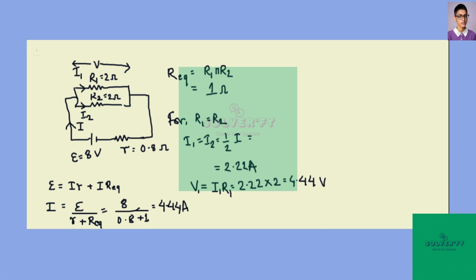All right, so we found out the potential difference across each bulb, and this is further equal to V2 because they are in parallel.